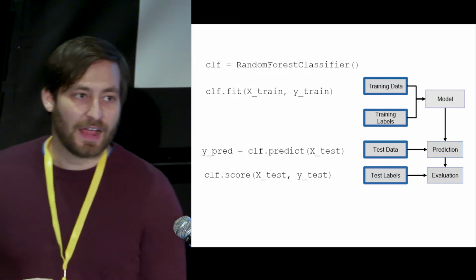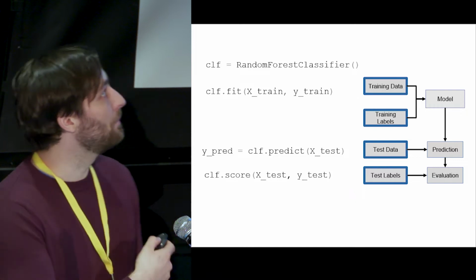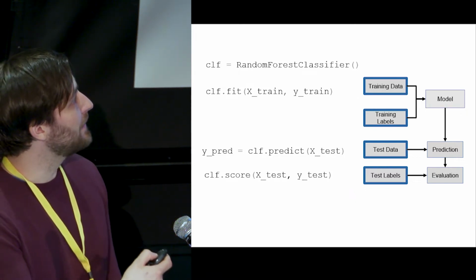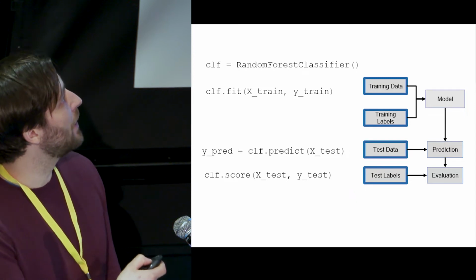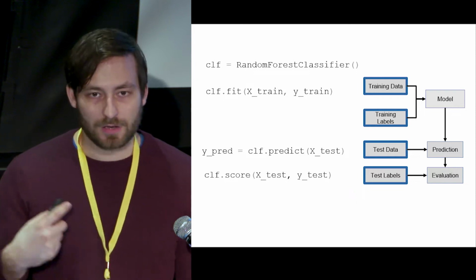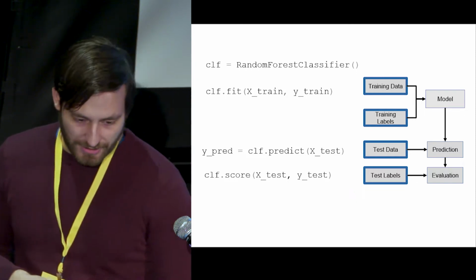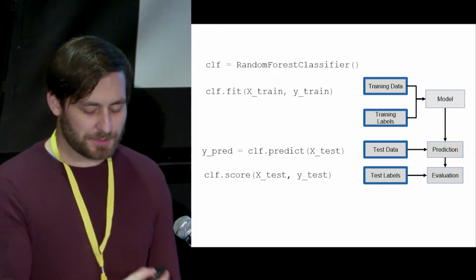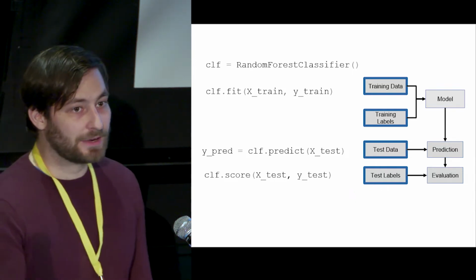Then I call fit on the training data, with the features and the targets, or the classification outcomes. This will build the random forest model and store the trees in the clf object. If I want to make predictions using the model, I use the predict method and give it my NumPy array of data.